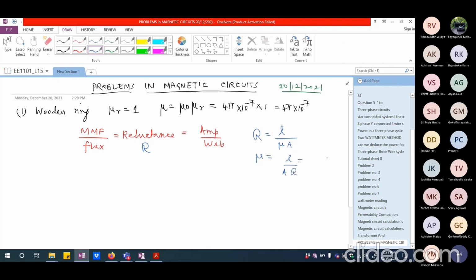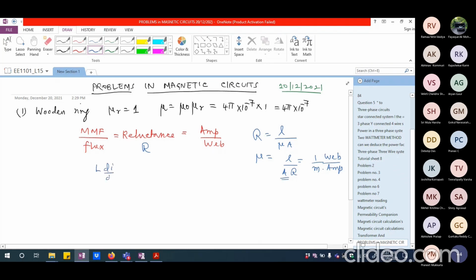L is meters and A is meter square because this is area. So I'm going to have 1 divided by meter and ampere per Weber, ampere on the top and Weber at the bottom. So I can say this is Weber per ampere per meter.